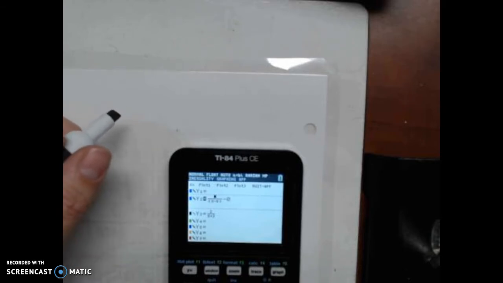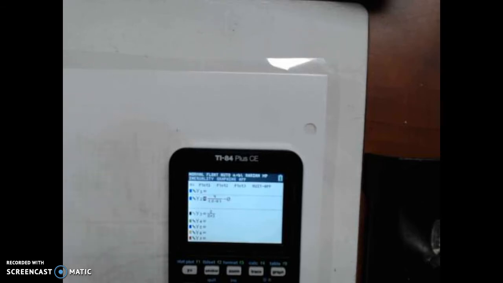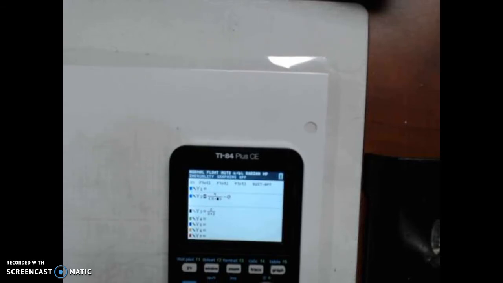I'm going to do one where a is 4, b is, I'll put parentheses here, -1. And I'll make the last one, c, equal to +3. Okay, it'll be 3 in the form.